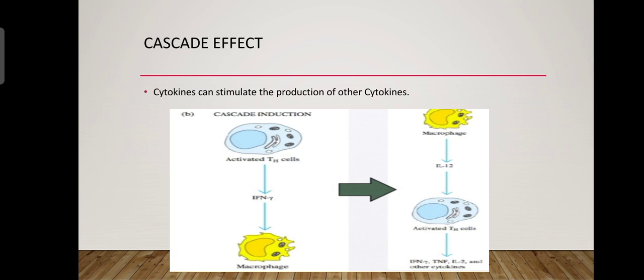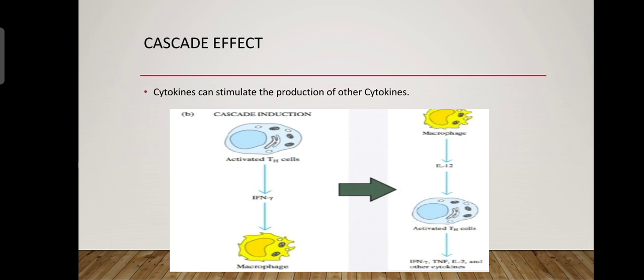Here in this diagram we can see that when the T helper cell gets activated, it secretes interferon gamma, which further activates the macrophage, which further secretes interleukin 12, and interleukin 12 further activates the activated helper cell.